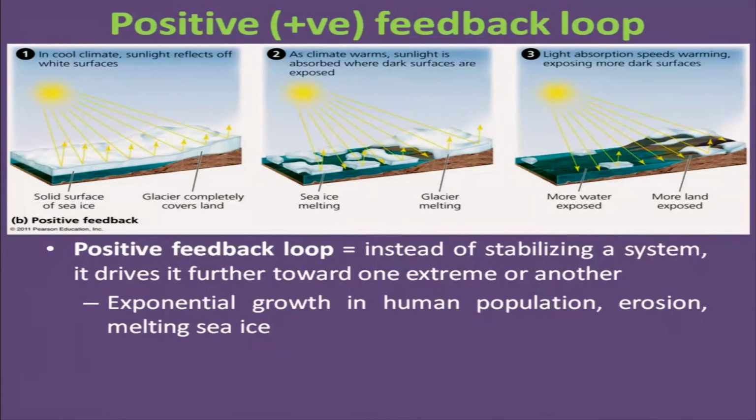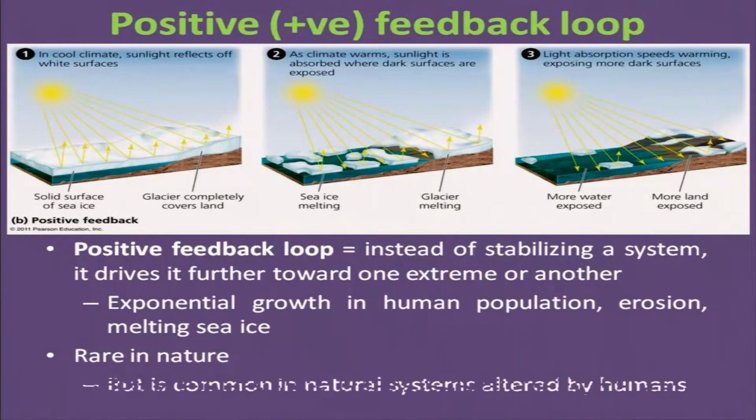The exponential growth in human population, erosion, melting sea ice will drive the system from one extreme to another. It is rare in nature, but is common in natural systems altered by humans. So, this may be possible. This is another example, similar to the upper one which we talked about in the previous one.